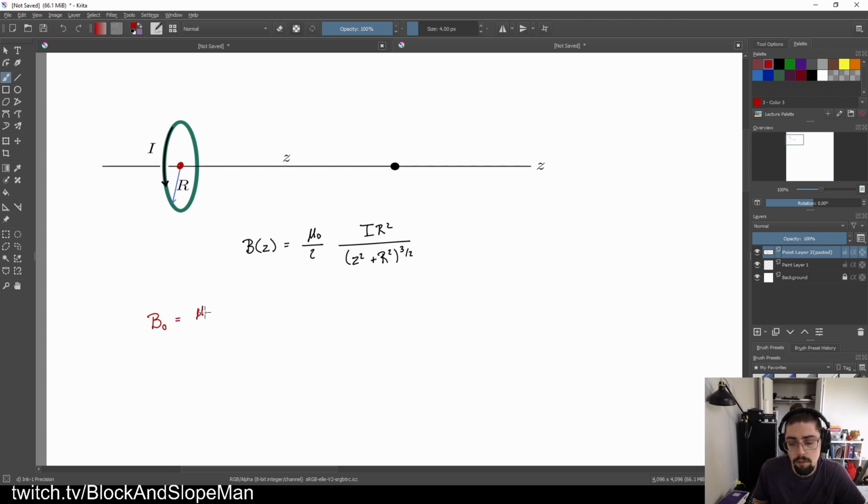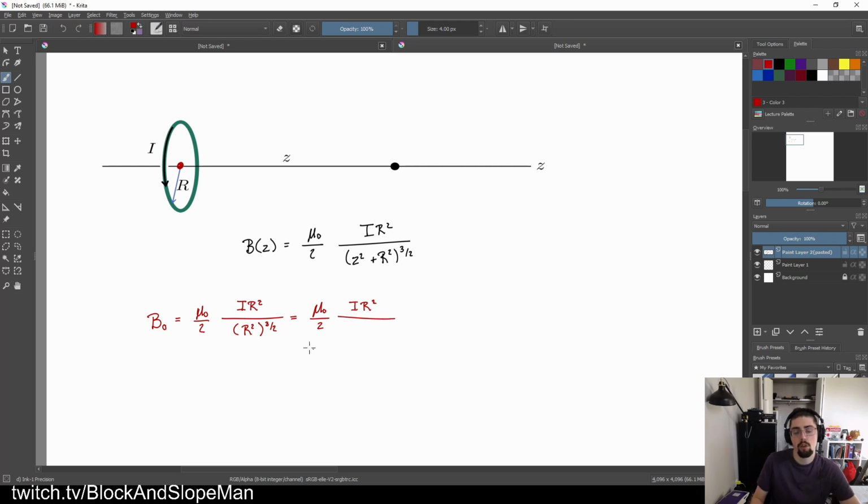So this will be mu naught over 2 I r squared. Then what I've got down here is now just r squared to the 3/2 power. That's going to simplify. I know we don't often deal with fraction powers like this, but it's not too bad.